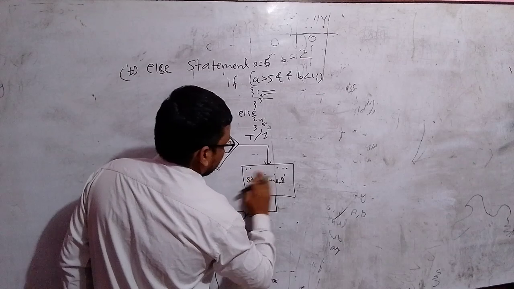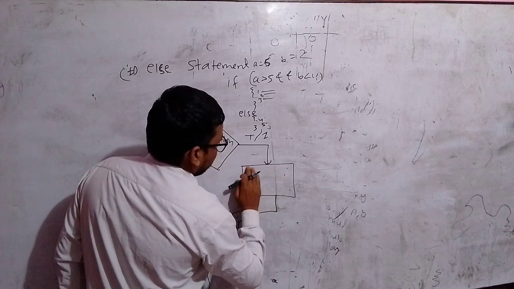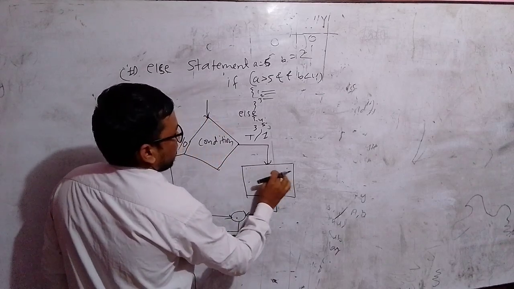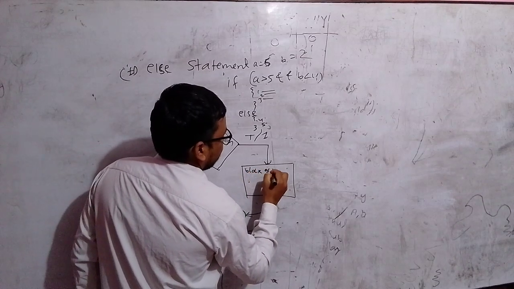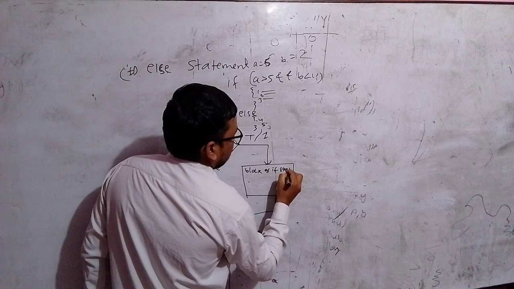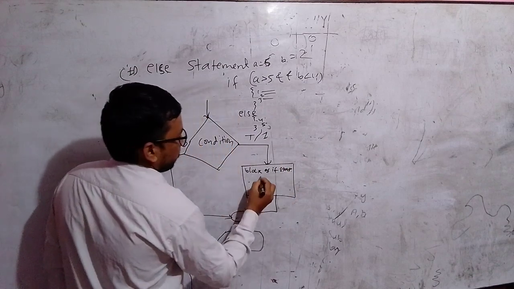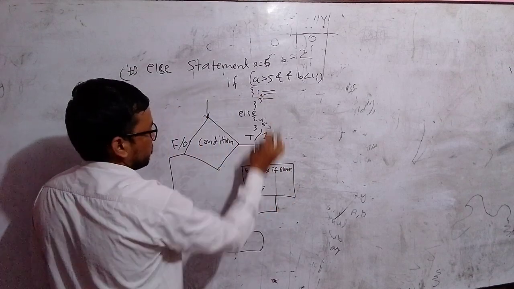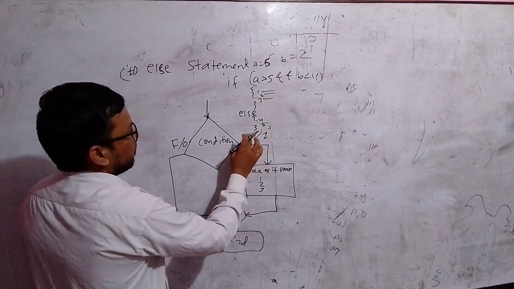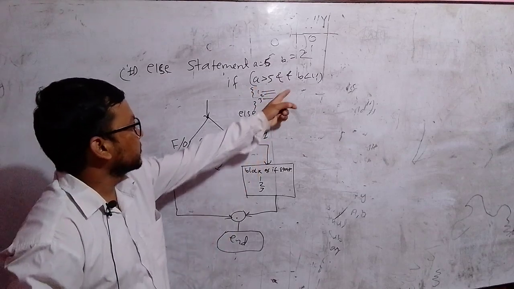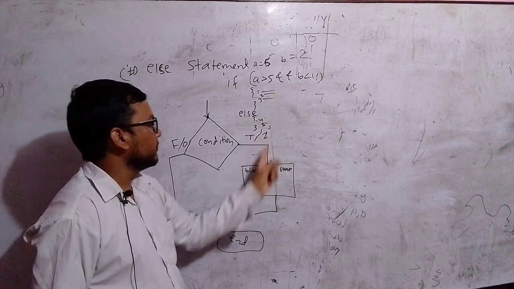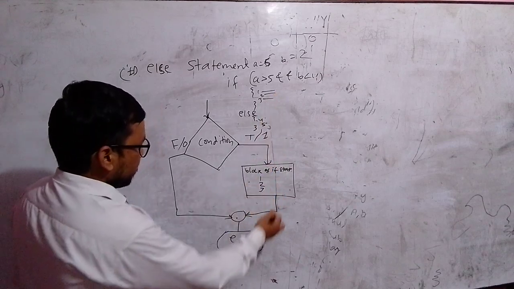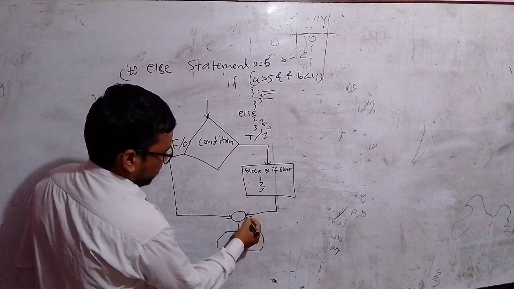For that case, we can also write block of if statement, 1 2 3. If this condition is true or gives 1, then the block of if statement will be executed and it goes to the end.